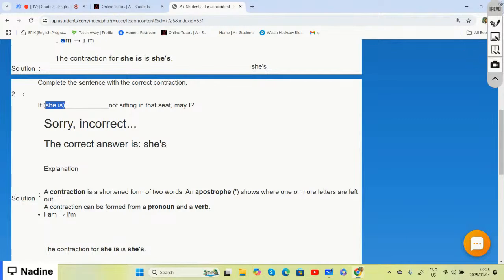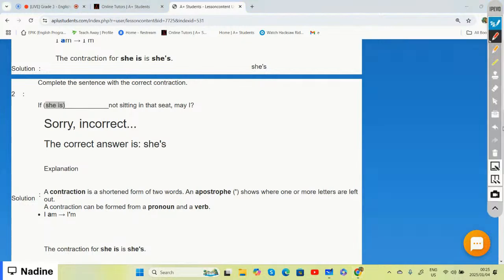How are we going to write that as a contraction, a shortened form of the two words? And since it's the same as the previous one, we can say she's. So if she's not sitting in that seat, may I? Well done.